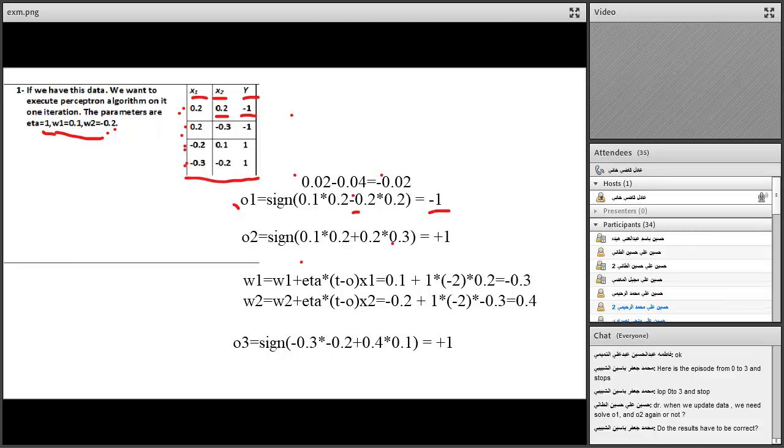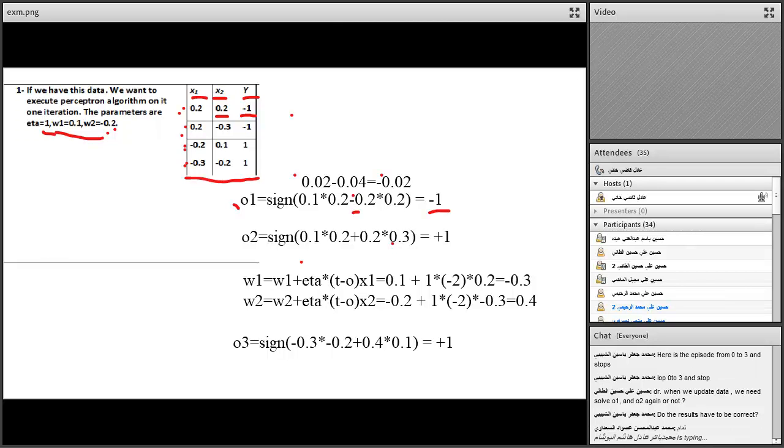Yes, I said that when we update the weight, we need to check all of the other data.